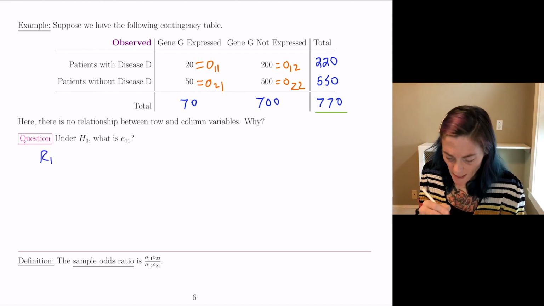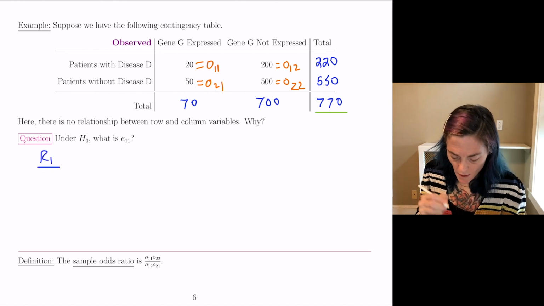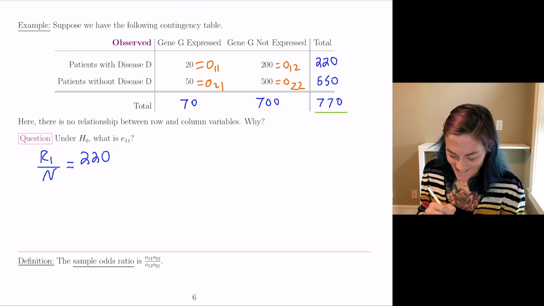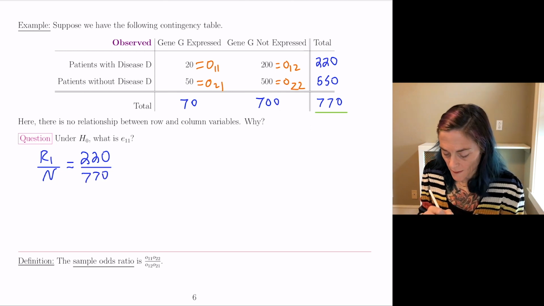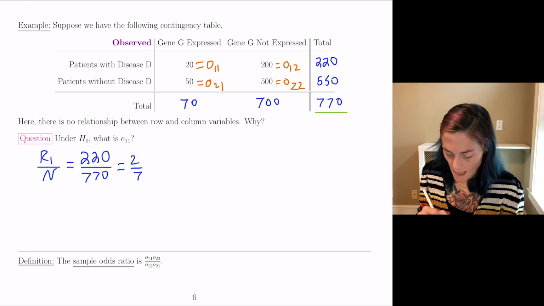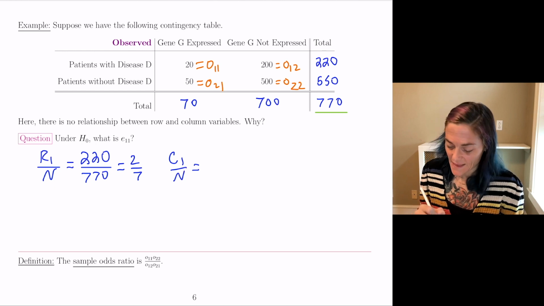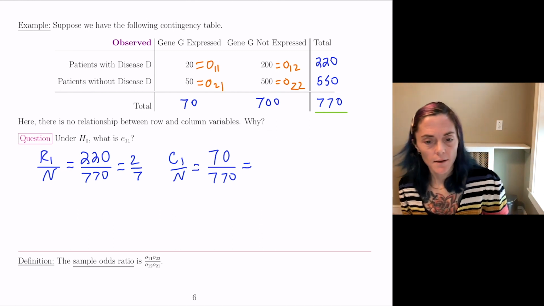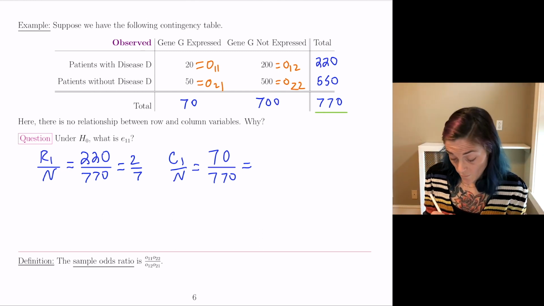Well, let's calculate this marginal probability, R1 over N. This is 220 divided by 770. I'll leave it as a fraction. This is 2 over 7. Okay, similarly, if you take C1 over N, this would be 70 divided by 770, 1 over 11.